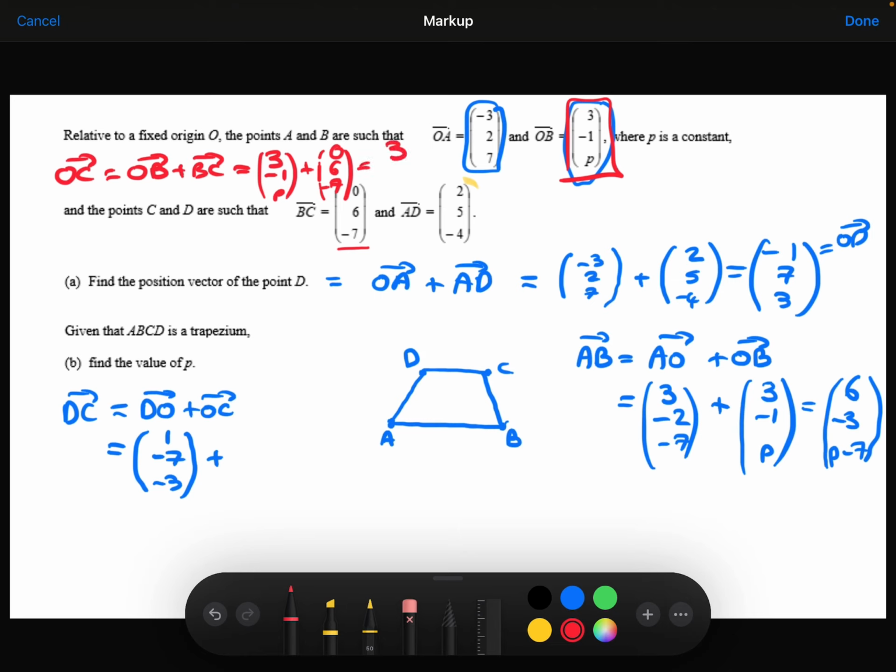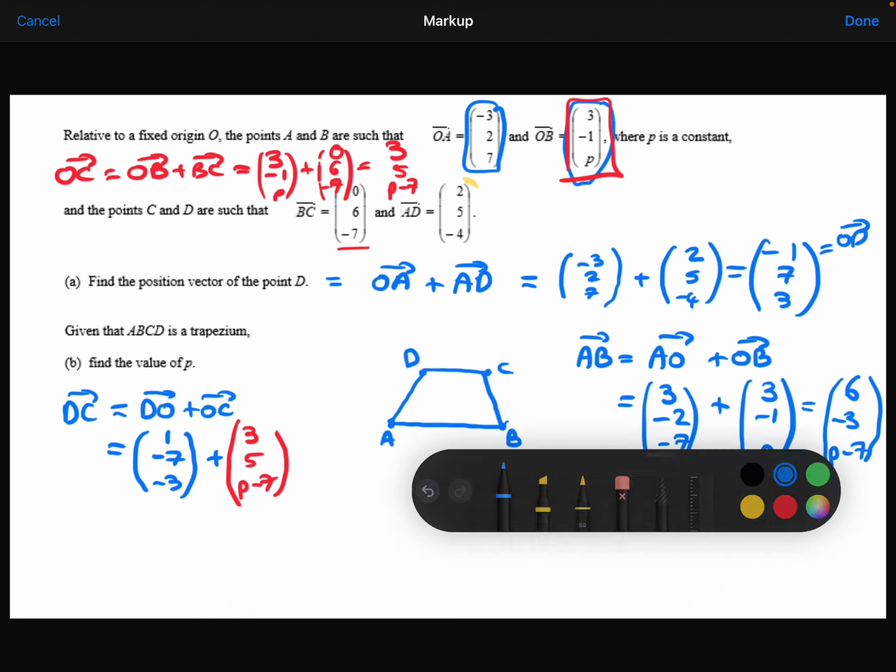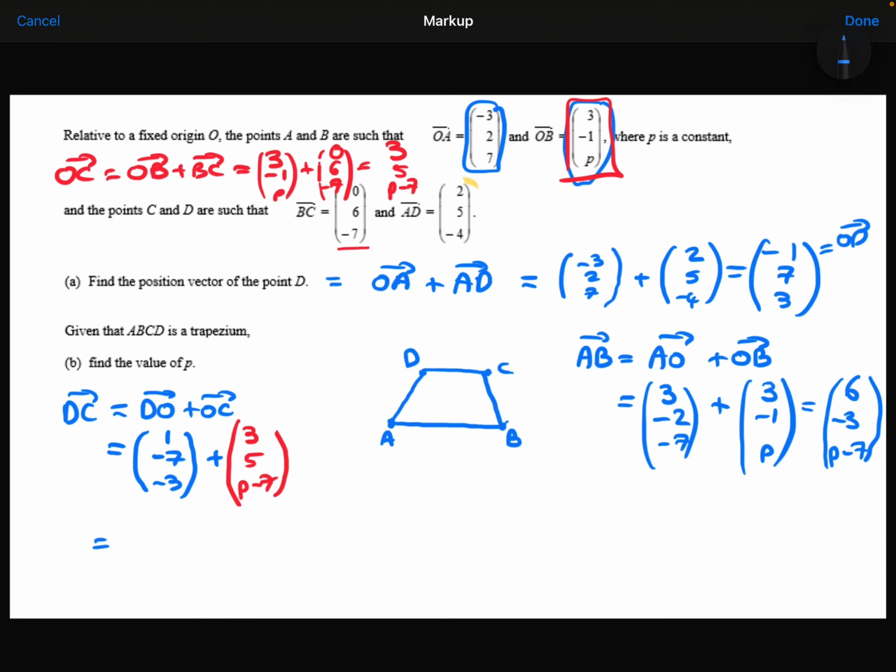So that's going to be (3, 5, p - 7). So adding those together then for the vector D to C, we get (4, -2, p - 10).